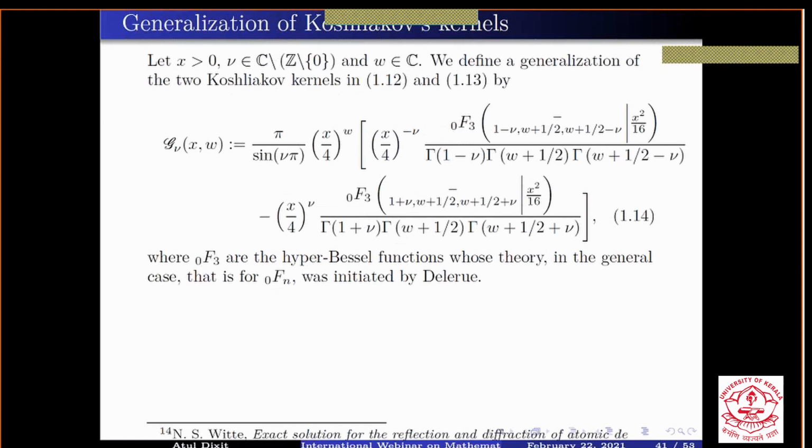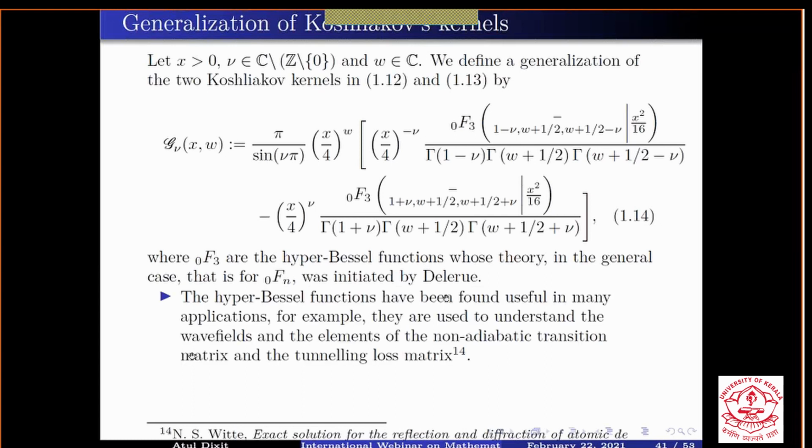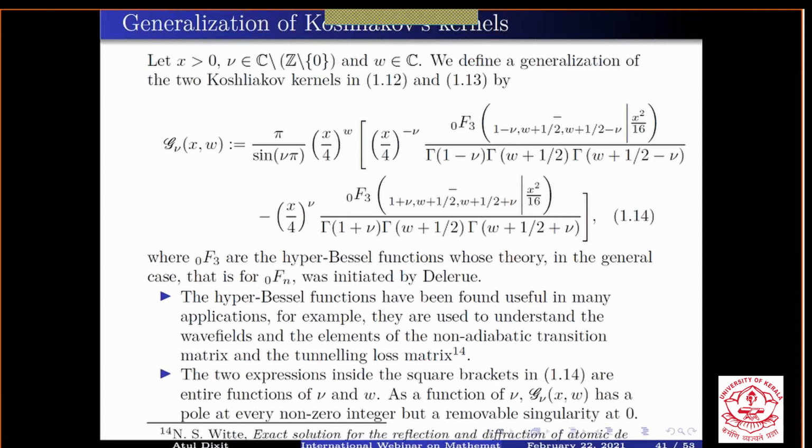This 0F3 is in turn a special case of 0Fn, which is called the hyper-Bessel function, whose theory was initiated by a mathematician, I think from Bulgaria, called Delerue, or a French mathematician, I'm not sure. But these hyper-Bessel functions have a lot of applications. One can actually get this kernel giving us the previous two kernels as special cases when w is equal to 0 and 1 respectively.